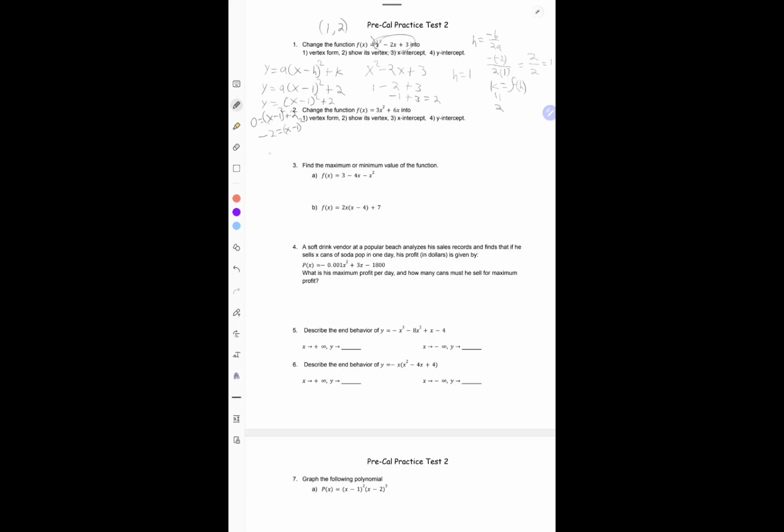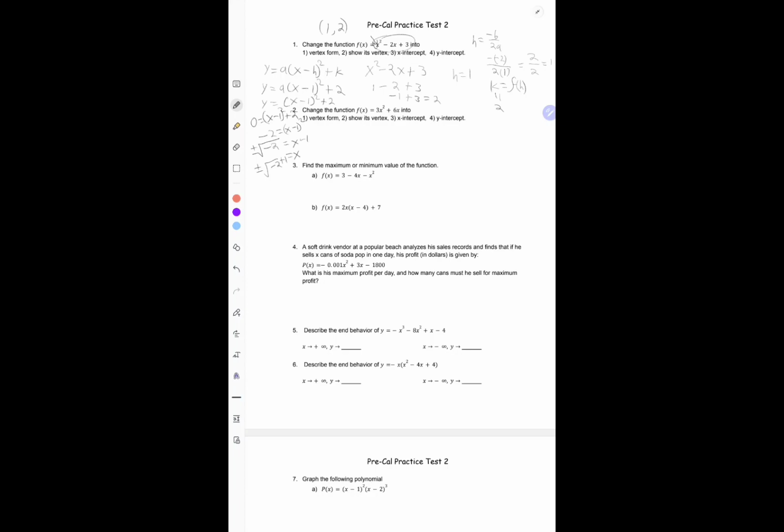Which means that the square root of negative 2 must be equal to x minus 1, which means that x has to be plus or minus the square root of negative 2 plus 1. And in that sense, we are basically done with finding the x-intercepts of this problem.